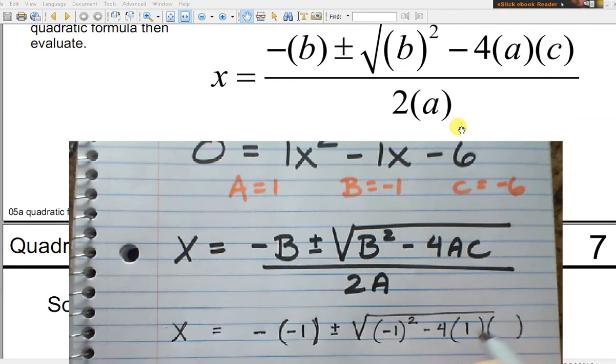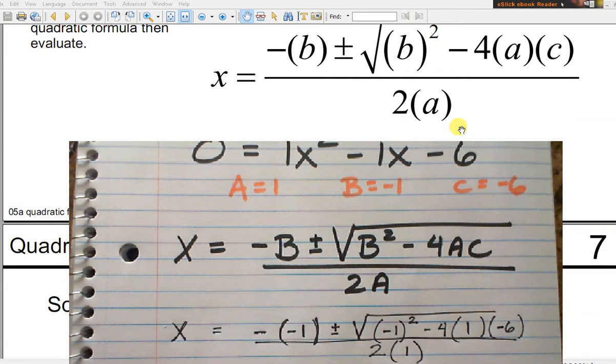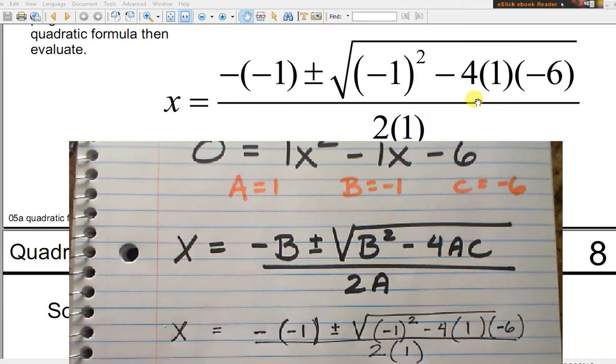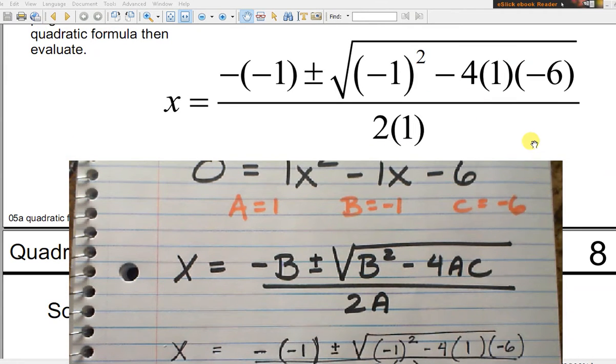A is 1. C is -6. All over 2a. So I plug everything in. And you can see right here, I have plugged everything into it. So we have -1 plus or minus -1 squared minus 4 times 1 times -6 all over 2 times 1.